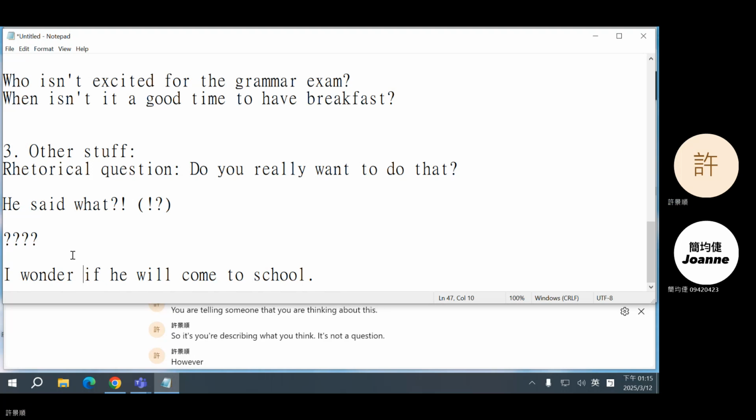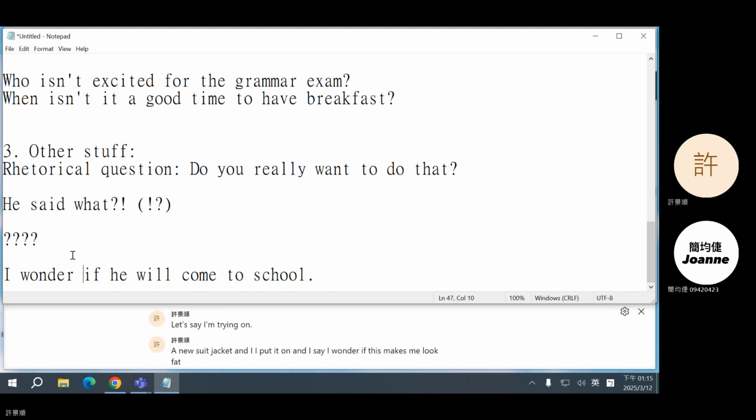However, in daily life, we usually use this kind of sentence as a question. Like, let's say I'm trying on a new suit jacket and I put it on and I say, "I wonder if this makes me look fat." According to the grammar, I'm just saying what I think.